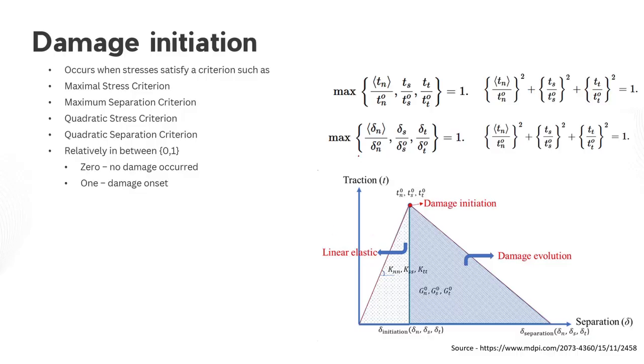Based on that, once you fulfill what is in the bracket, it will be equal to 1, and you will hit this point. Once you insert the values of the traction or the slip, you are in the range between 0 and 1. So this works for damage initiation. Once you hit the 1, the damage evolution comes.